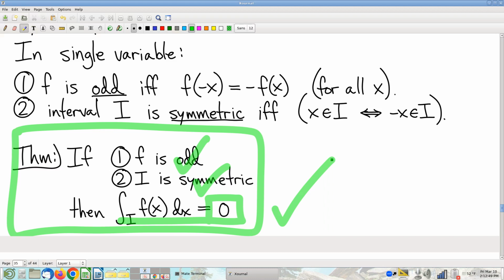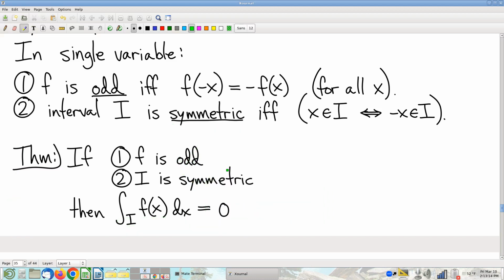Really cool theorem. Hope y'all remember this from Calc 2. Odd functions, symmetric domain. In other words, where the negative k to k kind of a deal. Where in particular, the interval is its own reflection. When you reflect over the origin, the interval is unchanged. So very valuable theorem, but again, much more so in higher dimensions.